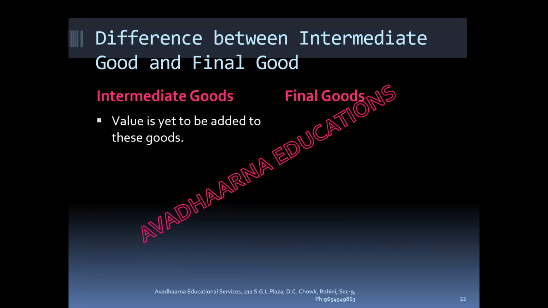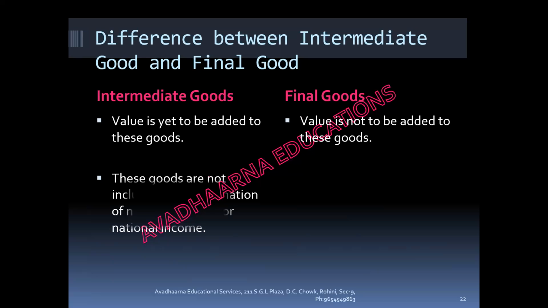So in intermediate good, value is yet to be added, but final goods are complete and value is not to be added to these goods. They are finally sold to the ultimate consumer. Consumers consume them. That is why they are being termed as final good.